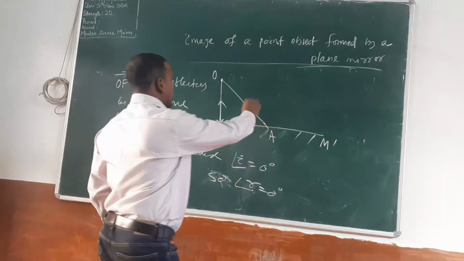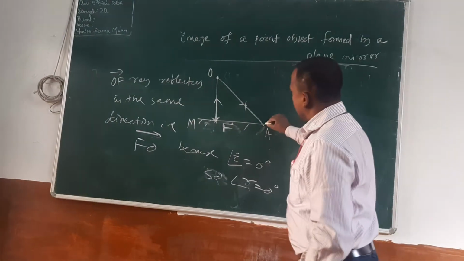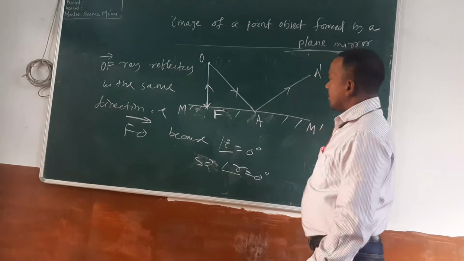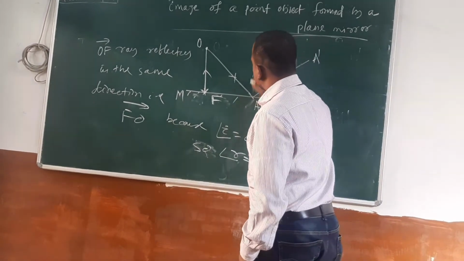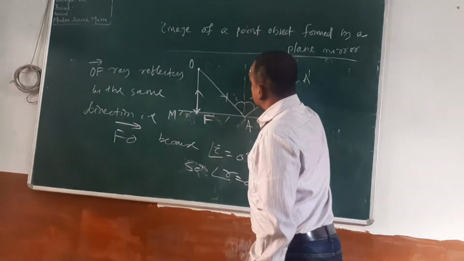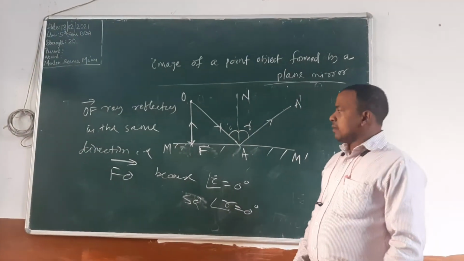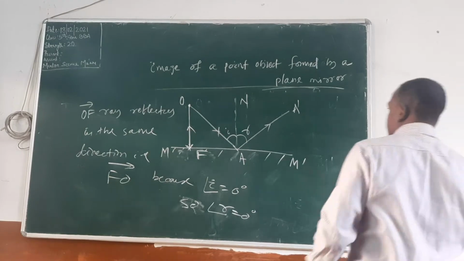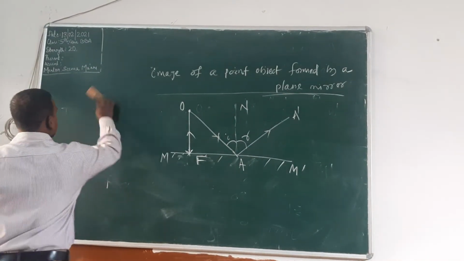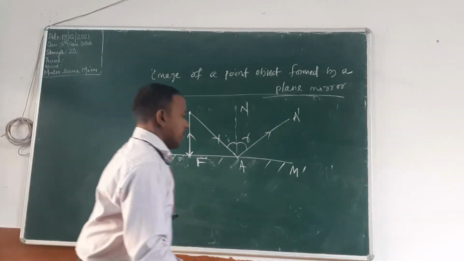Now for the other ray OA, the reflected ray is AA dash, creating angle I and angle R at the normal. Okay.